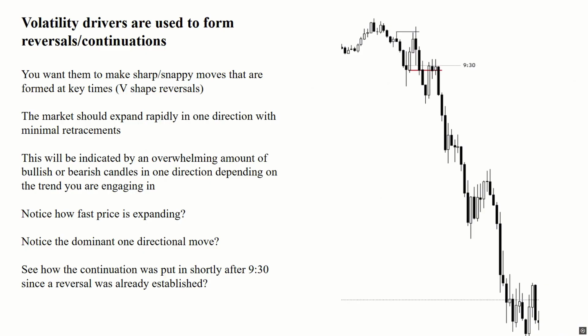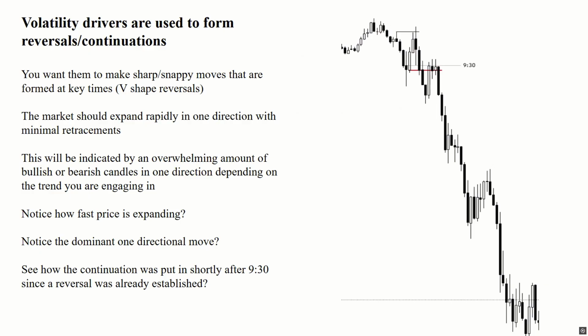Normally that's not really high impact. It can be. Those are going to be your main times where you could be looking for price to put in a swing high or a swing low to potentially trade away from. You want them to make sharp, snappy moves that are formed at key times. V-shaped reversals. Expansion met with expansion.